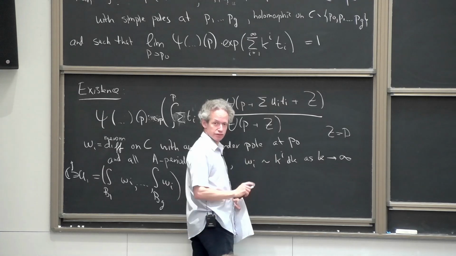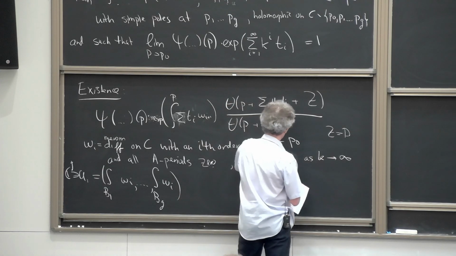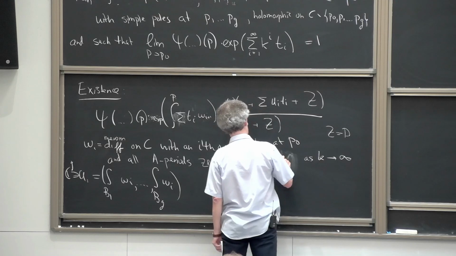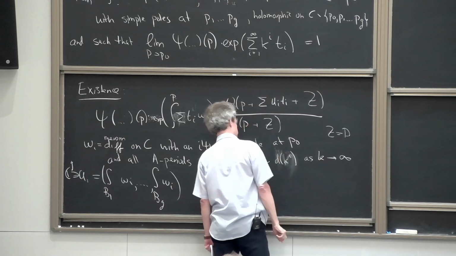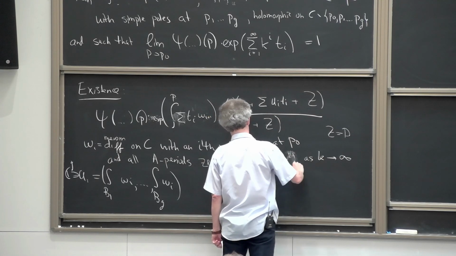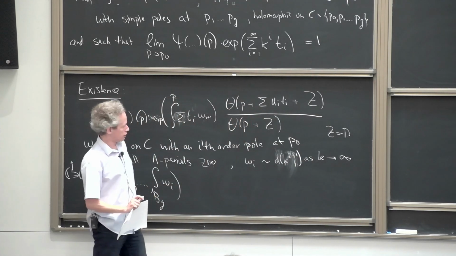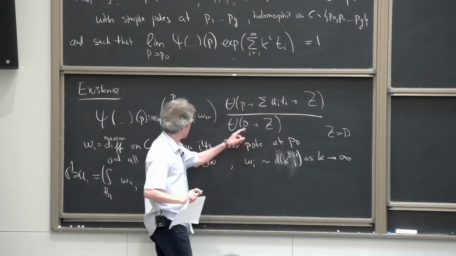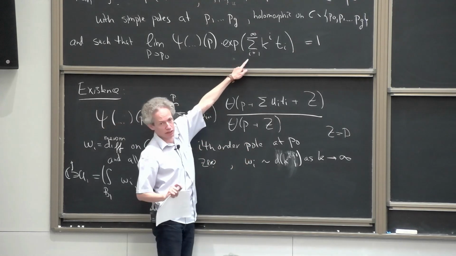As K to the I, D of K to the I minus 1, I think. That's what I really want, okay? So what is the fight about here? So I want this exponential to precisely mimic that.